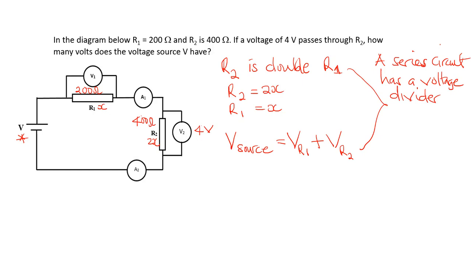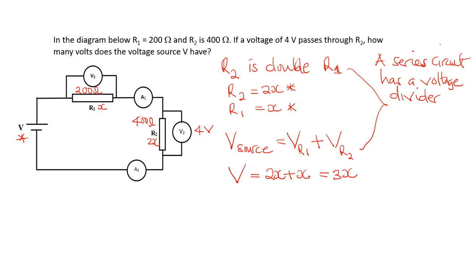So what we are saying is V, which is from the source, is given by this plus this. That is 2x plus x, which is equal to 3x.